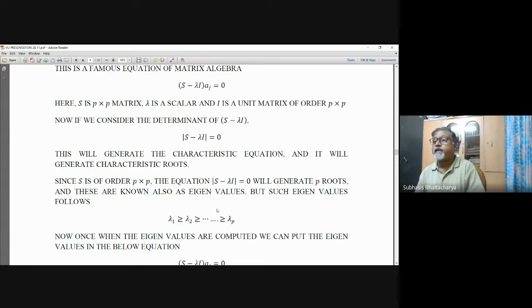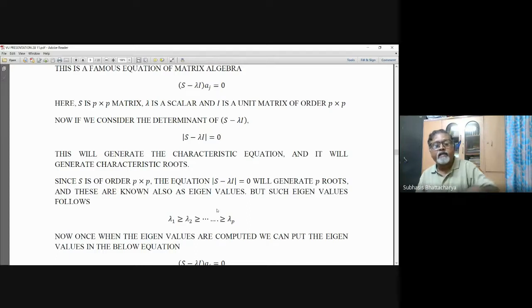Considering the order of S, the equation S minus lambda I will generate the characteristic equation and characteristic roots, the eigenvalues, such that lambda 1 is highest compared to lambda 2, and lambda 2 is highest compared to the other lambdas.